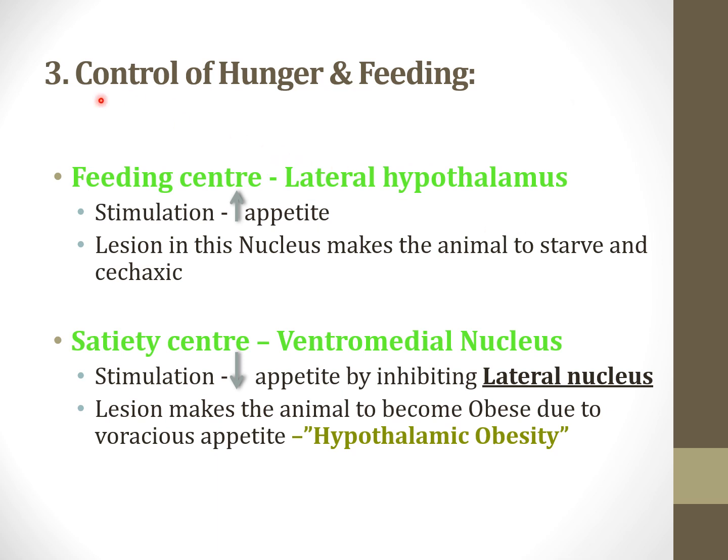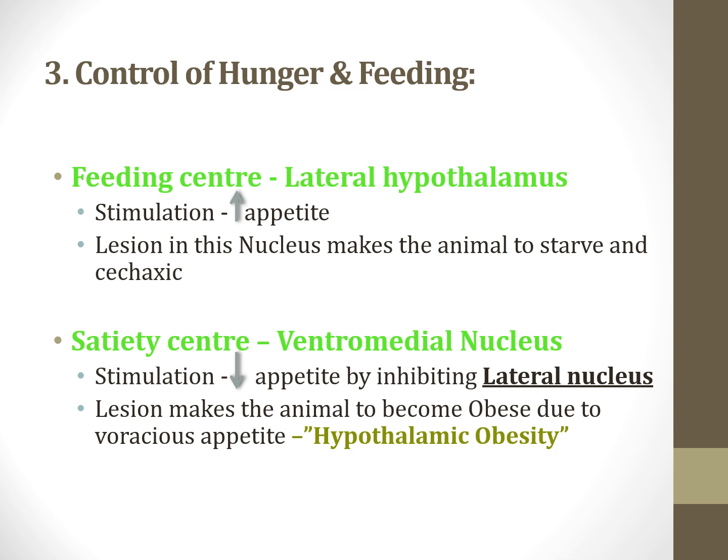Moving on to the next function, control of hunger and feeding. The feeding and satiety centers are actually located in the hypothalamus. The lateral hypothalamus is responsible for the feeding center. The hypothalamus has particular nuclei which sense nutrient levels, for example glucose, polypeptides, or leptin in the blood.